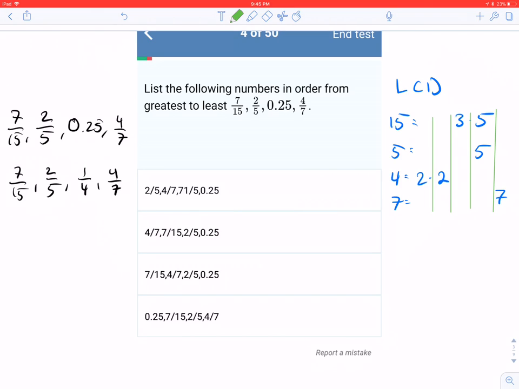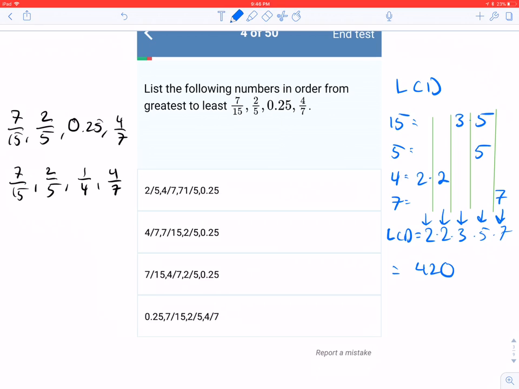Okay. So what that means is our LCD, we're going to need a 2 times 2 times 3 times 5 times 7. See, this just comes here, here, here, here, and here. Okay? So then, let me see, 4 times 3 is 12, times 5 is 60, times 7 is 420.